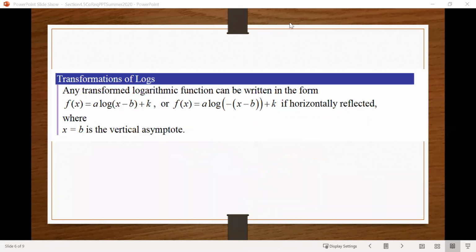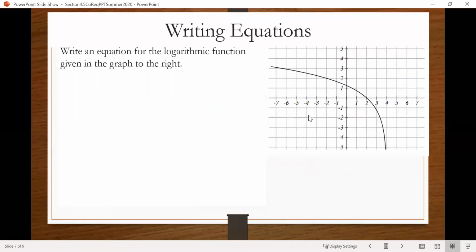All right, so let's look at an example. Here, we're asked to write the equation of this logarithmic function in the graph. First of all, a big issue with this graph: there should be arrows on the ends. Notice that it also looks like there's a vertical asymptote here at x equals 4. And notice that the graph from that asymptote shoots off to the left, right?